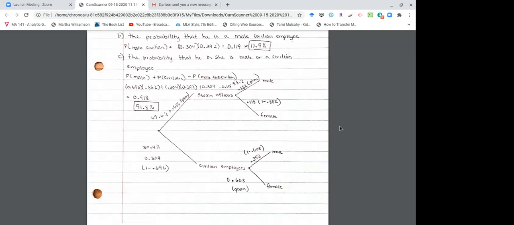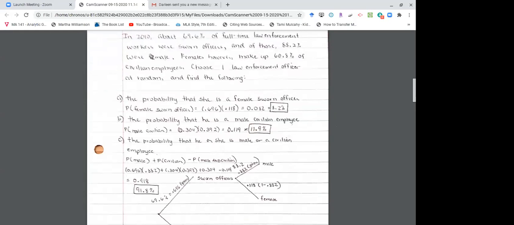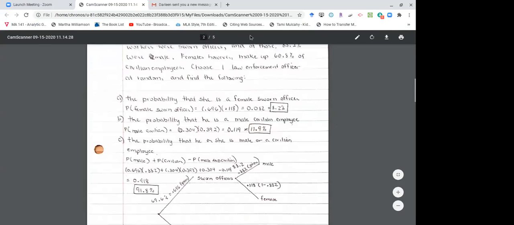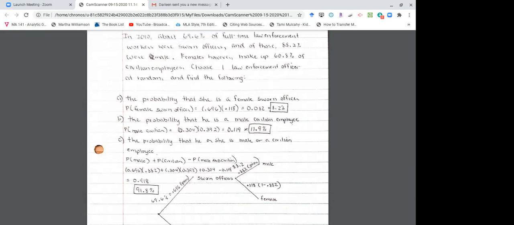And then it says that of civilian employees, however, let's go back up here. Females, however, make up 60.8% of civilian employees. Choose one law enforcement officer at random.